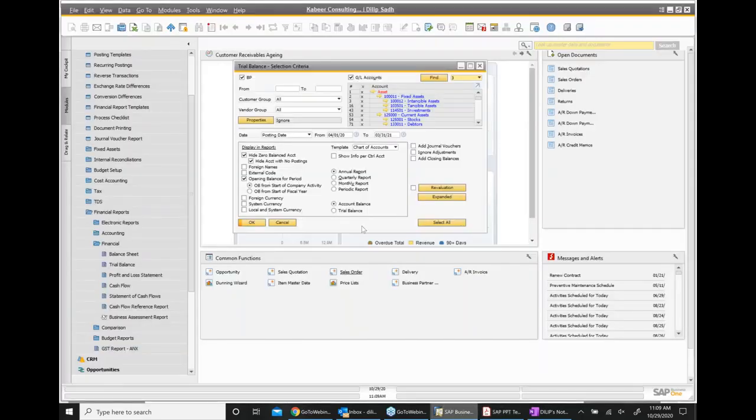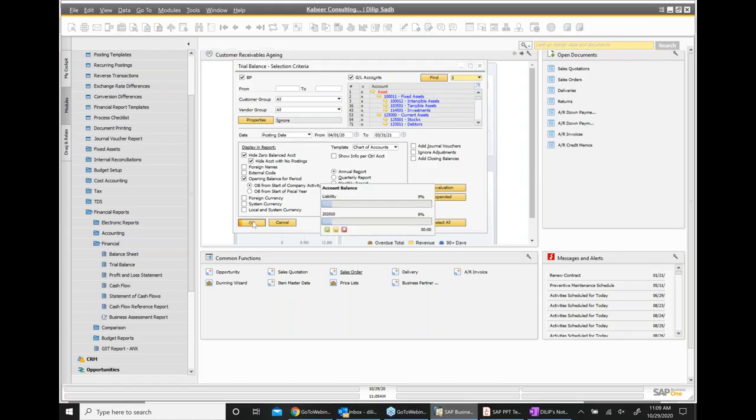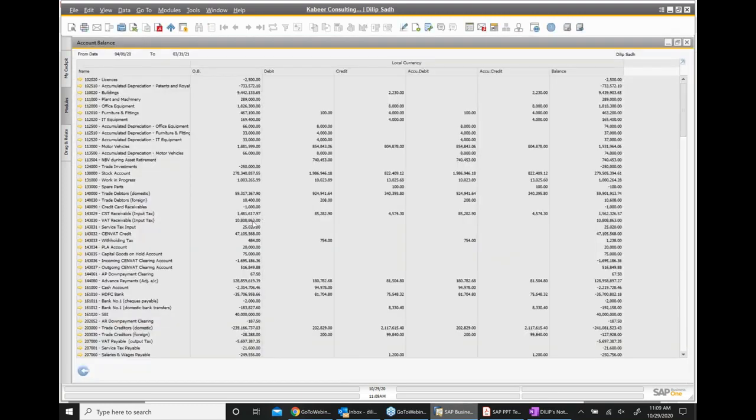Now if you see here, if I select all my accounts, I select all my business partners and I hit enter. So here, what does the system tell me? It tells me that from this date to this date, from April 1st till March 31st, it includes all my general ledgers.